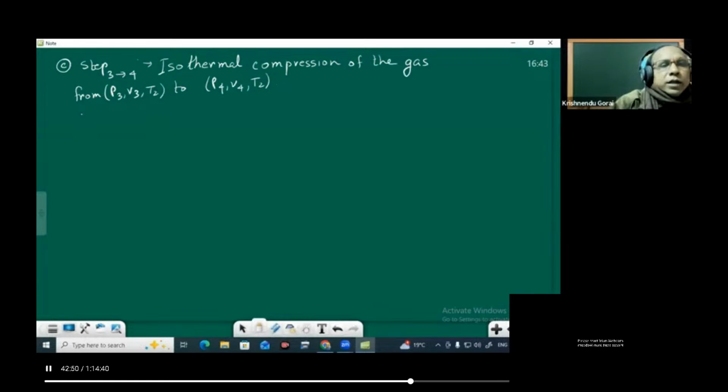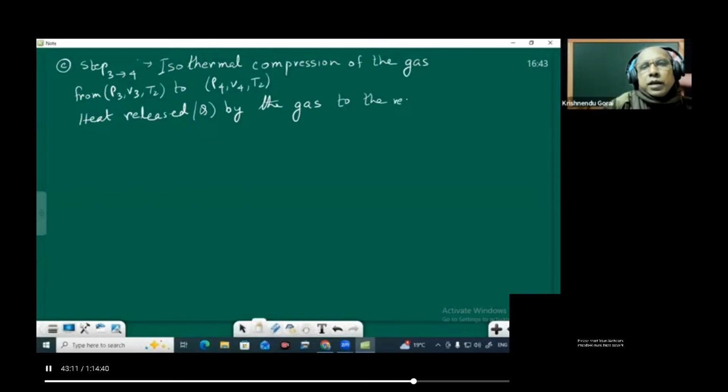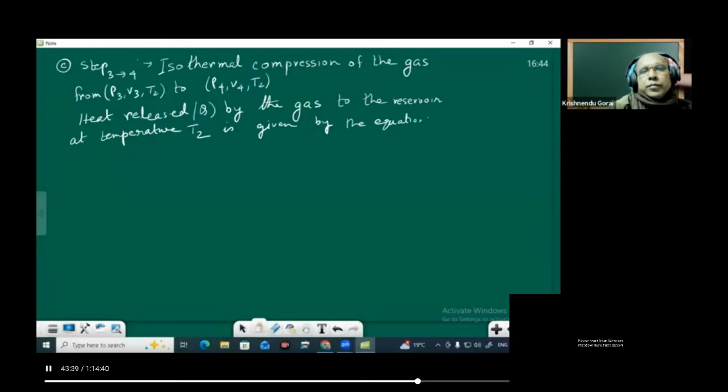So the heat released, that is Q, by the gas to the reservoir at temperature T2, is given by the above equation, right?